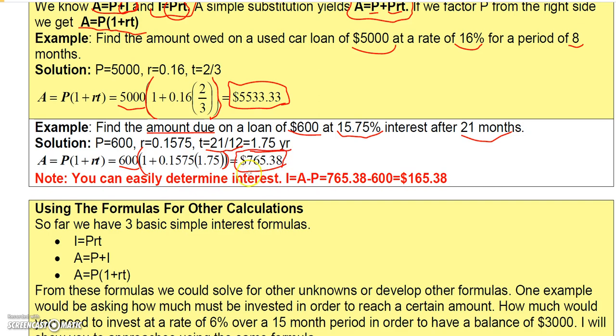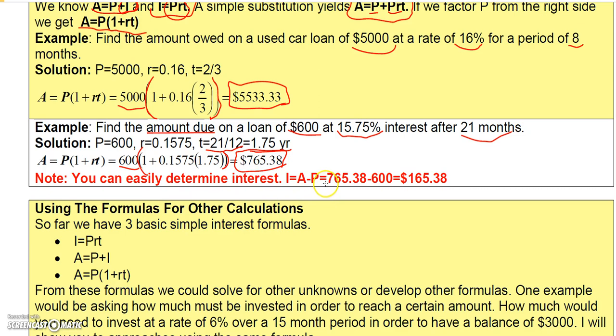Now you'll notice when I do these problems, I do it in one calculation on the calculator. I don't do pieces of it and then do another piece and then do another piece. So anyway, that is the amount, $765.38.